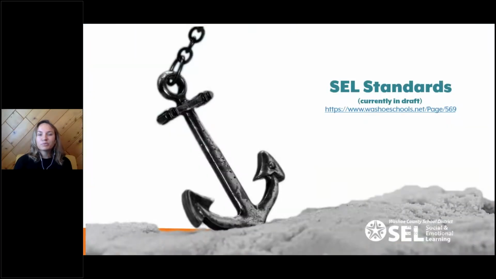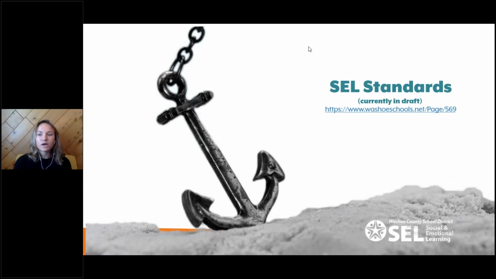So before I get into any specific strategies, I do want to revisit our ongoing project of revising the language of our SEL standards. Our standards have anchored social emotional learning in Washoe since 2012, and they'll continue to do so moving forward. So we realize the importance of ensuring the language of our students is asset-based, inclusive, and culturally responsive.